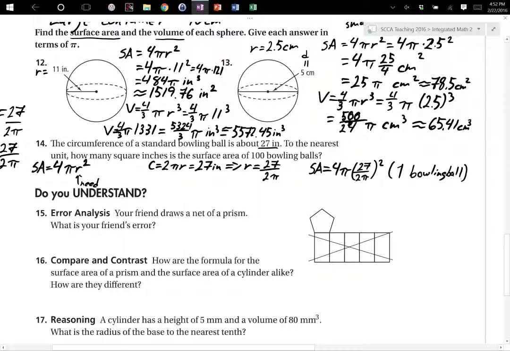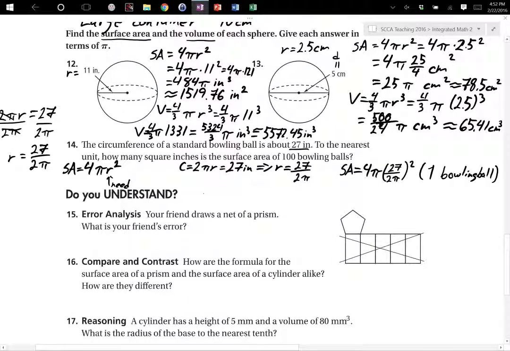And we want to know 100. So 100 times the surface area gives me 72,900 over pi square inches. That's really hard to visualize, but we'll approximate it. 23,216 inches squared.